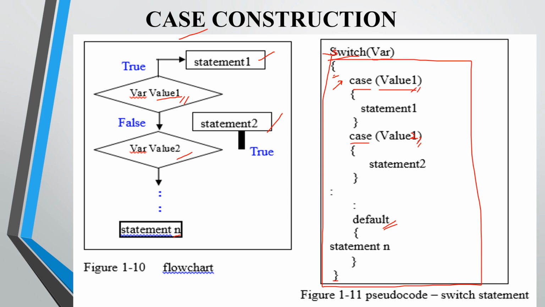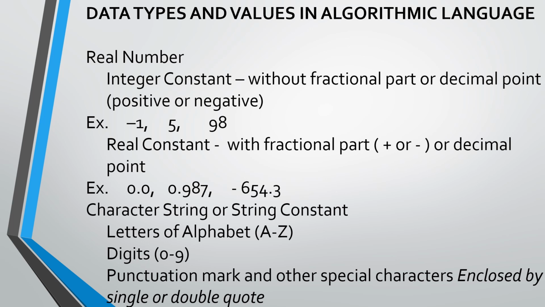If the value of the variable matches our first value, then it will perform statement 1. Otherwise, it will perform statement 2. Otherwise, it will check all the values of the cases. Until, if there's no match, then it will perform statement N. So, same with our programming language.